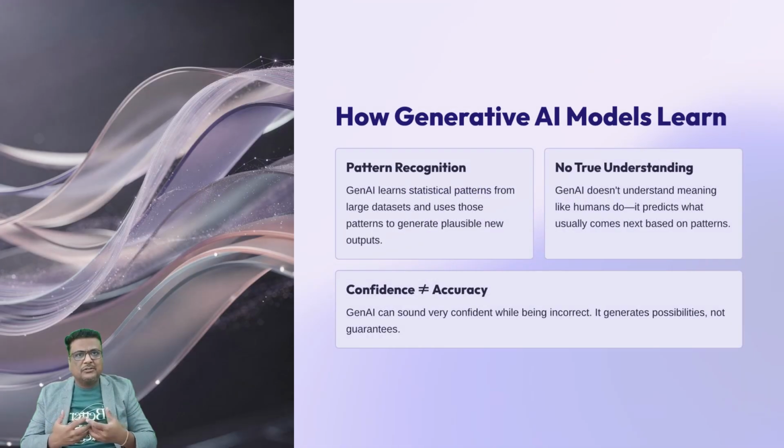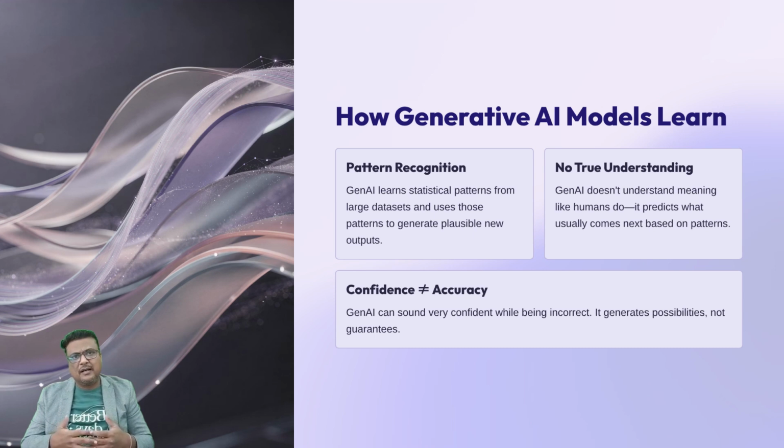Now, let's gently move into how generative AI models actually learn without going technical. Here's the official study guide definition explained naturally. Generative AI models learn statistical patterns from large datasets and use those patterns to generate plausible new outputs. Let me simplify that.